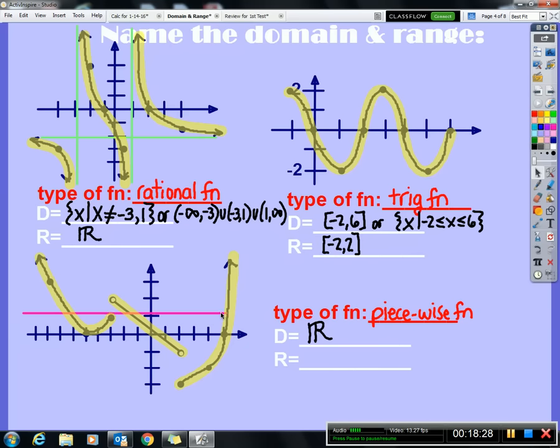What matters is the right piece of the graph and the left piece of the graph go forever and ever upward. So really, my right piece of the graph is the most inclusive where the y's are concerned. So I'm going to say the range is going to be from the very bottom y, which I see at -3, forever and ever upward. And of course, you could say y such that y is greater than or equal to -3.